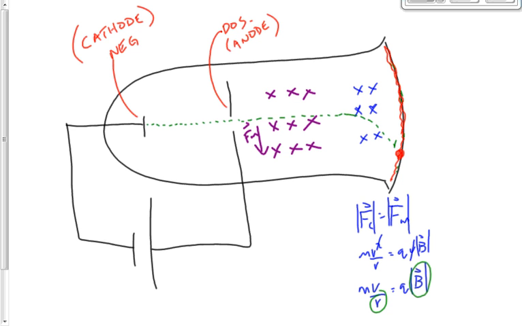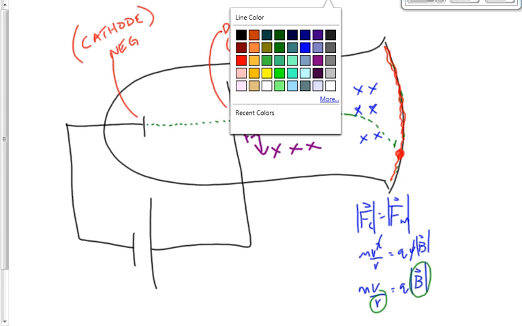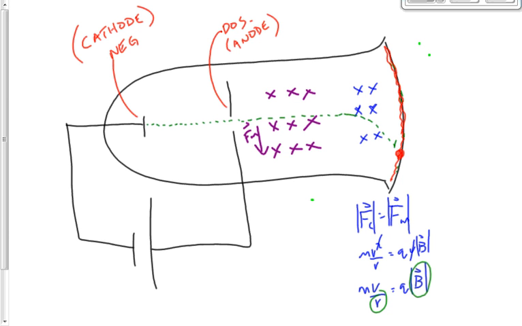But in the same place, he's going to introduce 2 charged parallel plates, top one positive, bottom one negative. That causes an electric force upwards.